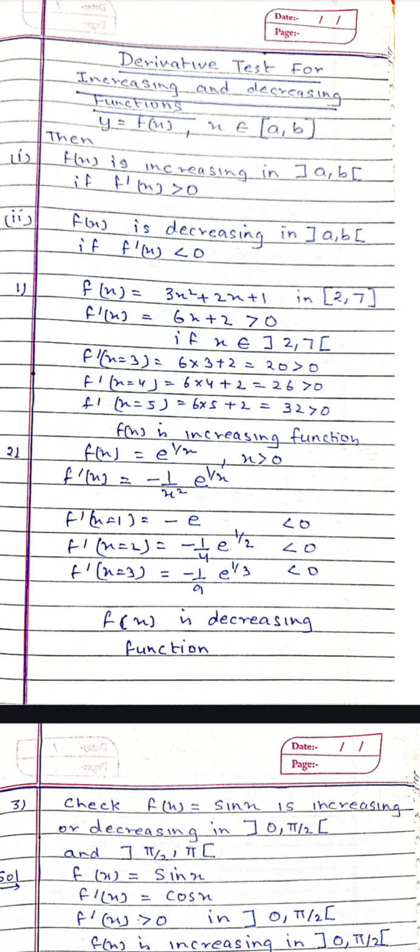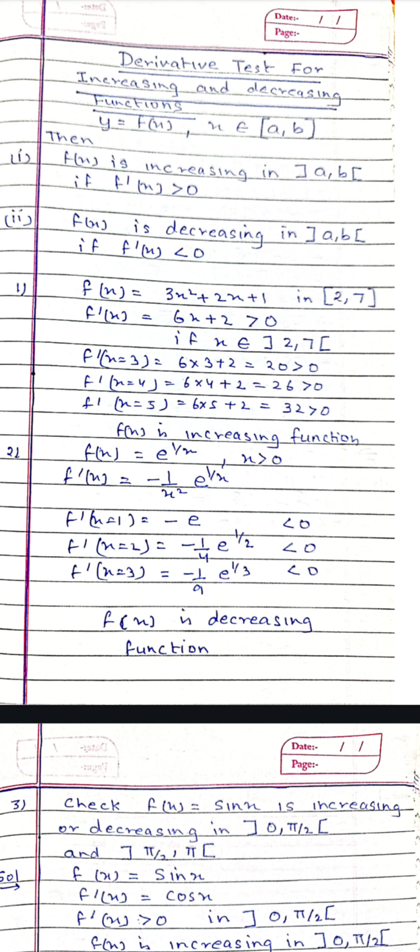It is 18 plus 2, 20, positive. At x is equal to 4, 24 plus 2, 26. It is also positive. At x is equal to 5, 6 into 5, 30 plus 2, 32. So we get all positive values. f(x) is an increasing function.